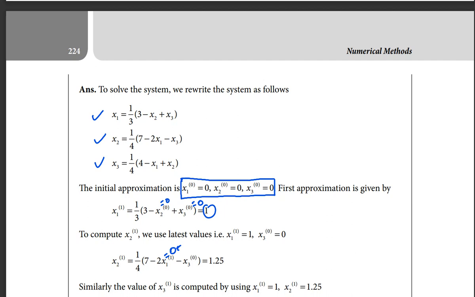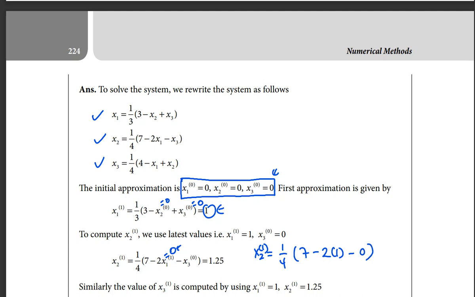So in that case, x2 is equal to 1 over 4 multiplying 7 minus 2x1. You're going to use the first approximation for x1, not the initial approximation, which is 0. So using the first approximation, that would be 1, which is this one here, minus x3. x3 is still 0, so just put 0 here.